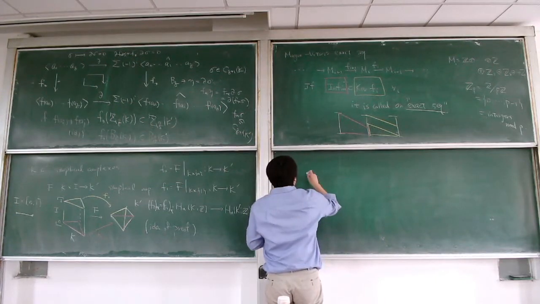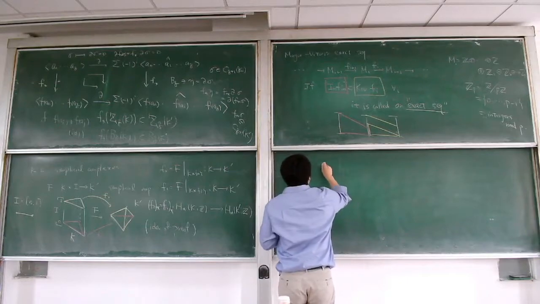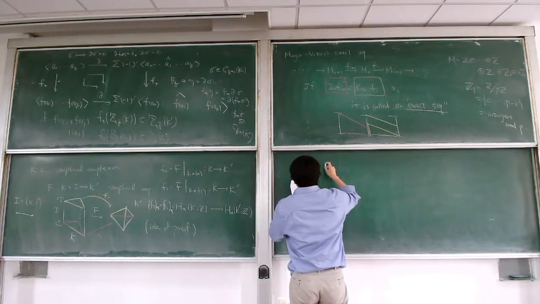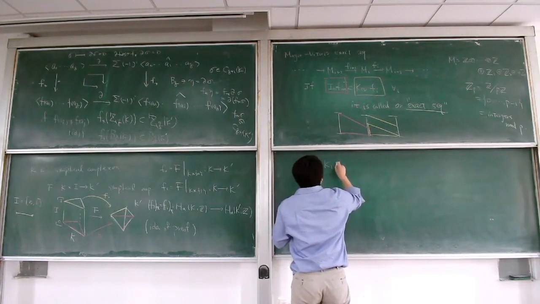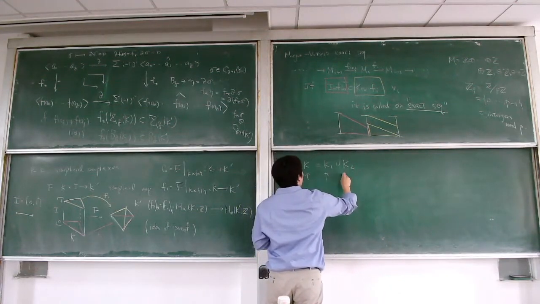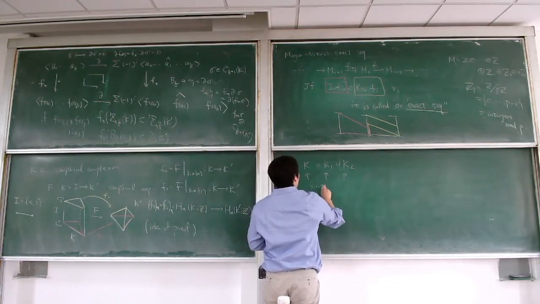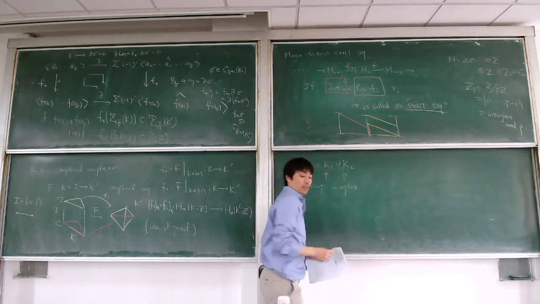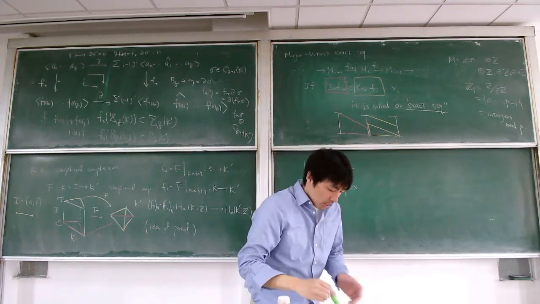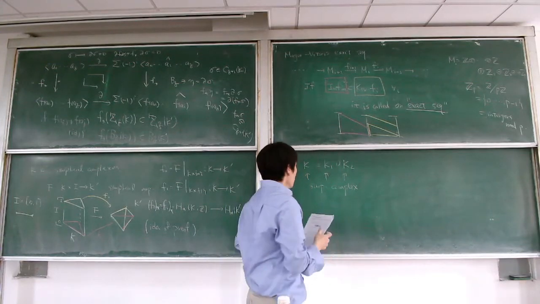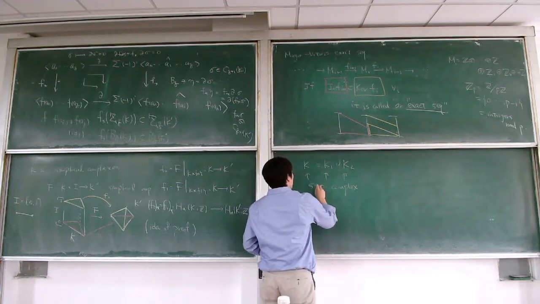So let's consider K is a simplicial complex, which can be written as K1 and K2, and both of them are simplicial complexes.